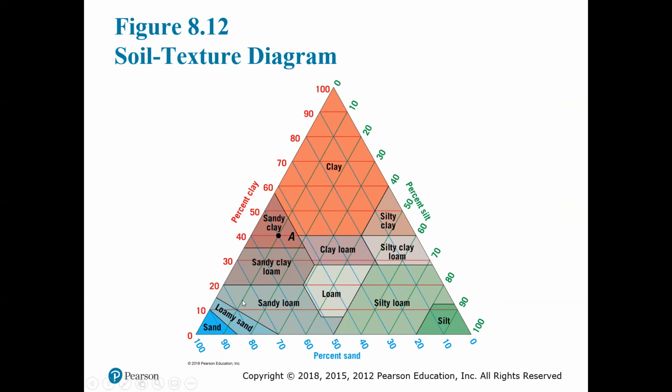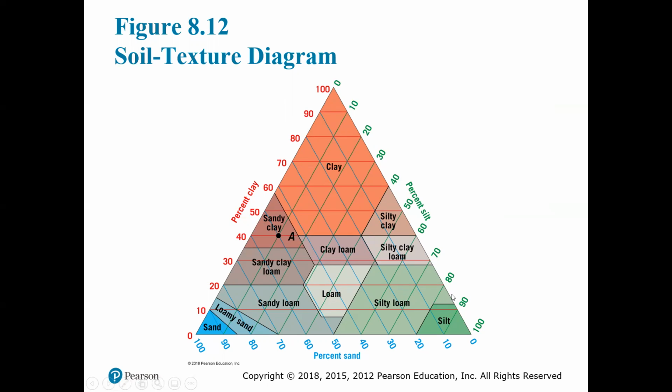The loam soils that are down here are composed of less clay and more silt, and especially this loam and clay loam here in the middle, they are where we have pretty much an equal mixture of the three types of particles.